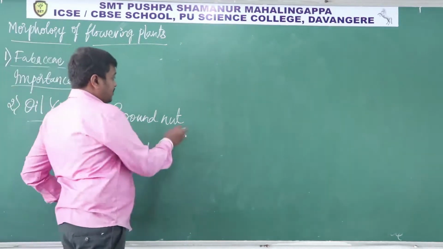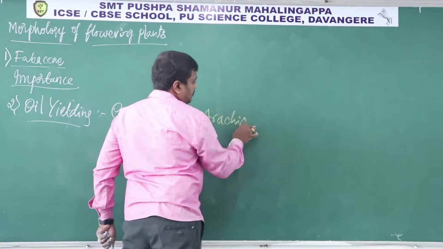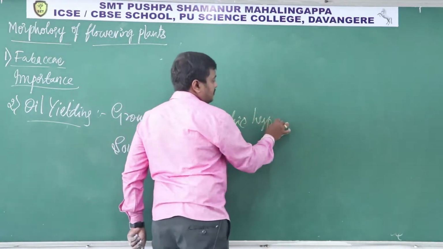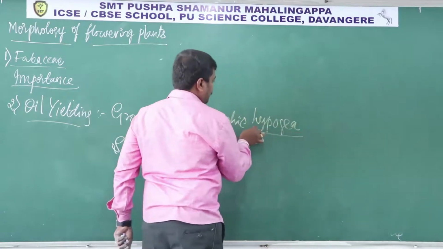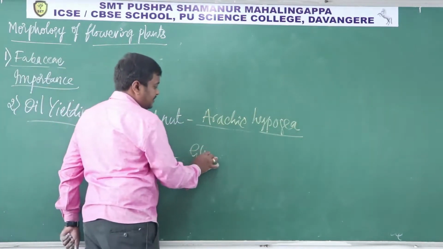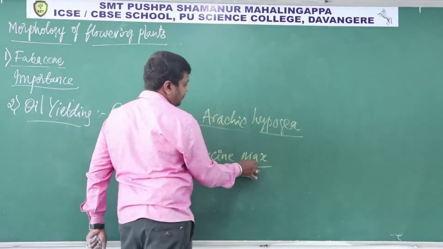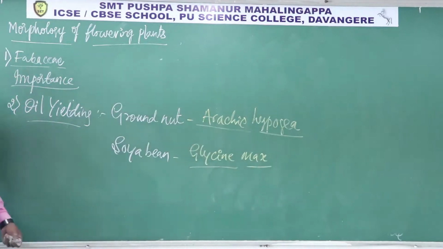So groundnut, the scientific name is Arachis hypogaea. Then soya bean, it is Glycine max. So oil yielding plants are also there under the family Fabaceae.